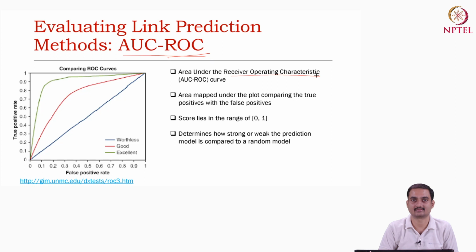Why is it named so? I don't know, okay? And area, so we plot this ROC curve and we look at the area under this ROC curve, and the area would give you the measurement, the accuracy.